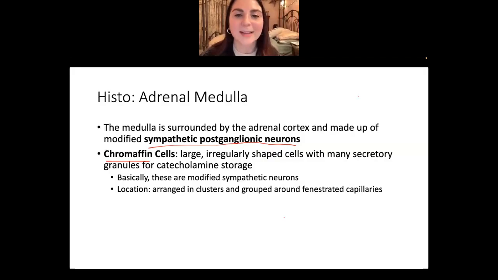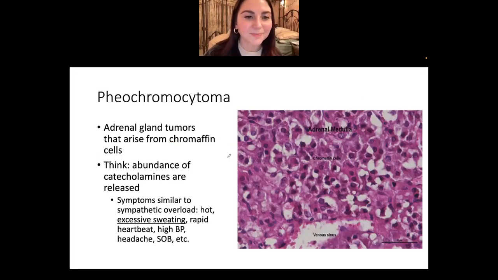Like I said here, basically modified sympathetic neurons. And I keep emphasizing sympathetic for the clinical correlation, which we'll talk about in the next slide. As for the location, they are arranged in clusters, and they tend to group around capillaries. The reason is because they're, again, neurons. They need blood. They need oxygen. So wherever there's blood, there's oxygen.